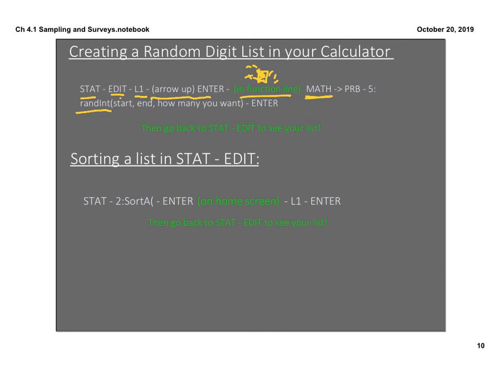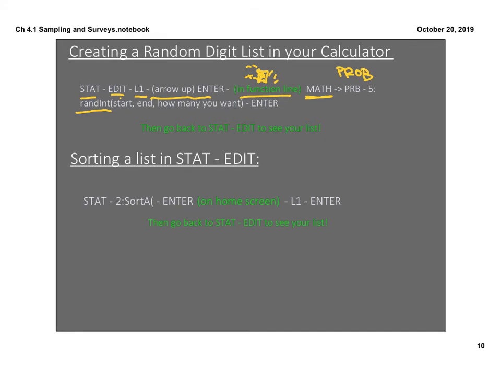If you go over to PRB, or for some of your calculators, it says PROB, that's your probability menu. Then you go down to option 5. Option 5 says random integer.